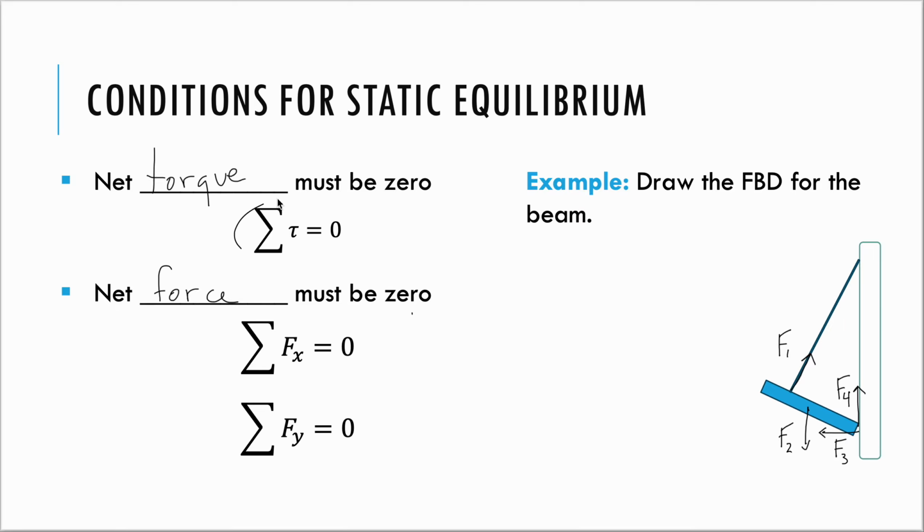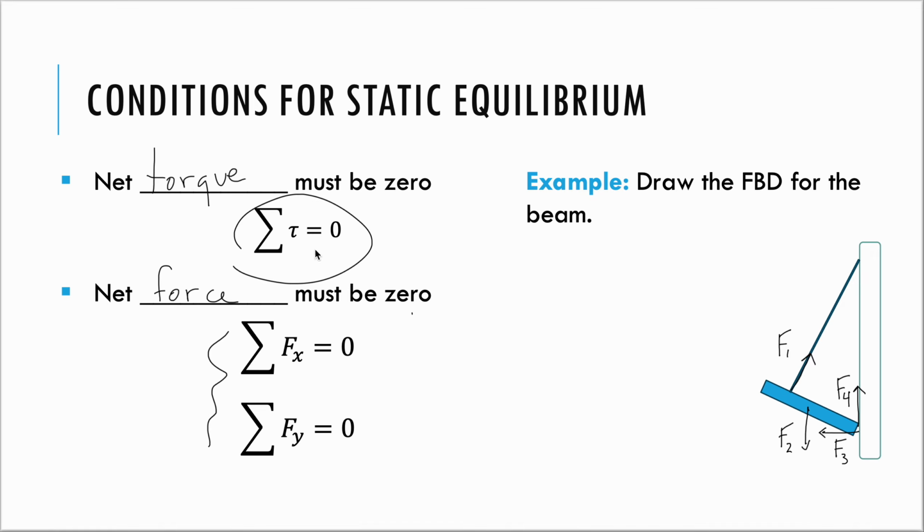Typically, we're going to use the first equation first to solve for the unknown. We'll see this in a couple of slides. But if we look at this diagram, we can see that these conditions will apply as well. The x component of F1 is going to balance out F3, and then the y component of F1 and F4 are going to balance F2 according to the net force equations.